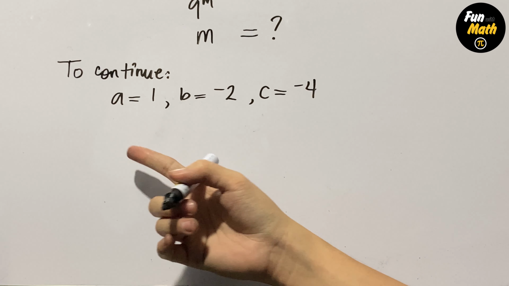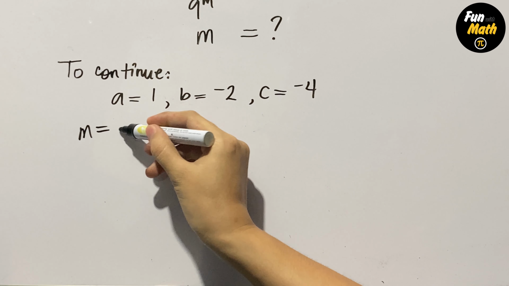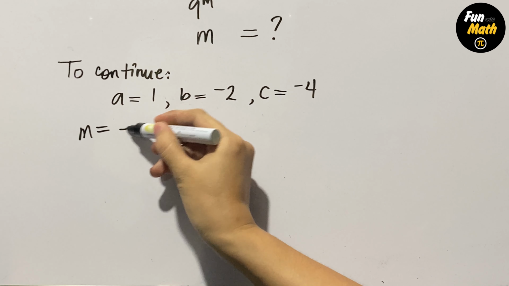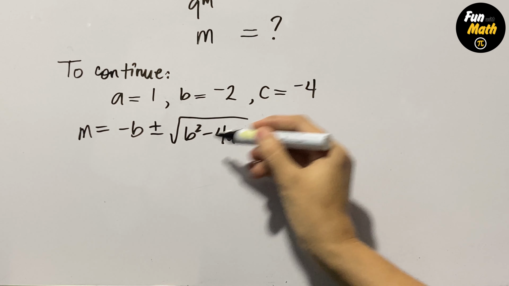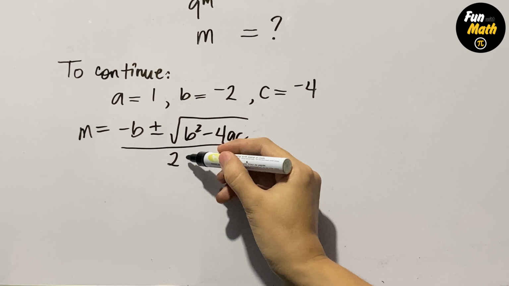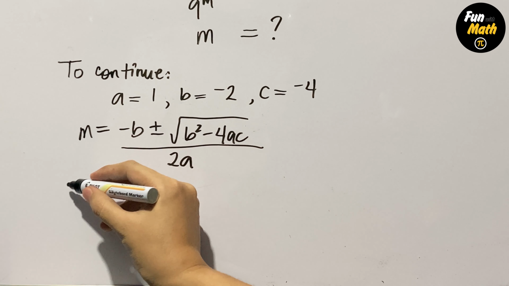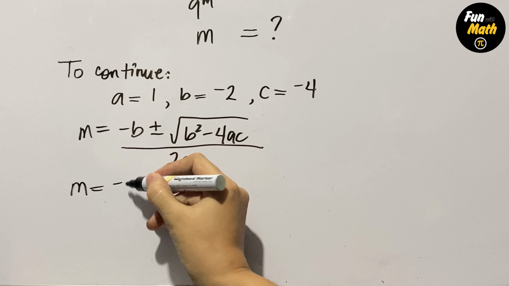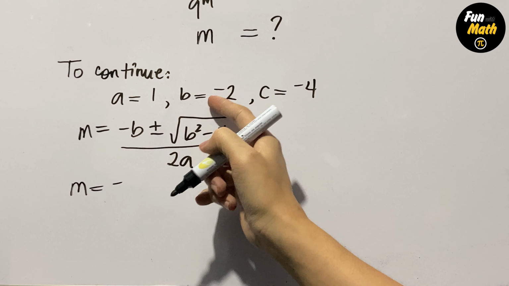Now, the quadratic formula is m is equal to -b, plus or minus the square root of b² minus 4ac, all over 2a. And that is m is equal to negative, b is -2.